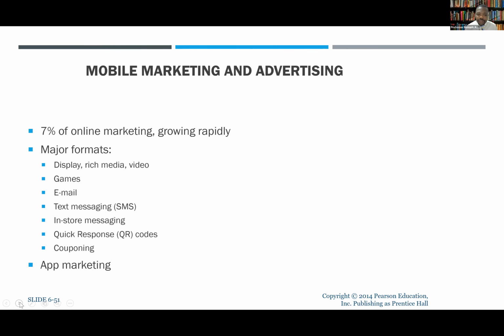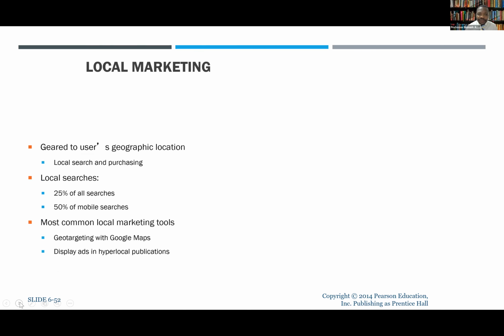The future: so we're looking at mobile marketing and advertising. 7% of online marketing, growing rapidly. So if you look at that 7% of online marketing, that's growing very, very rapidly on the mobile side. Major formats: display, rich media, video, games, email, text message, in-store messaging, quick response QR codes, couponing, and app marketing are truly the future of marketing.